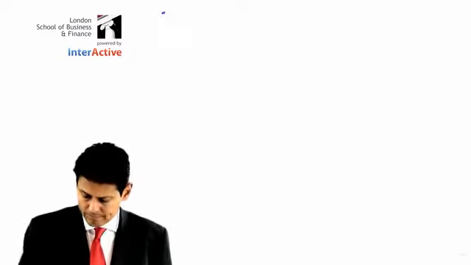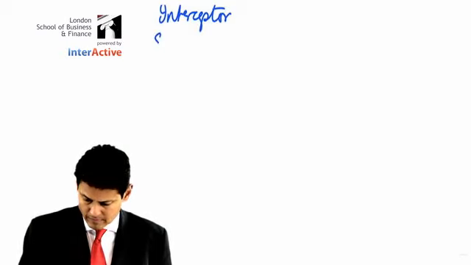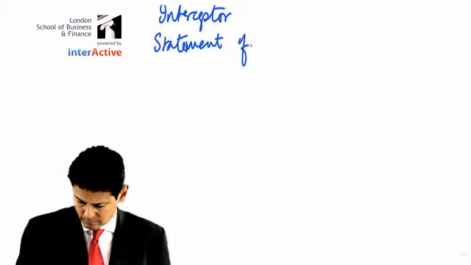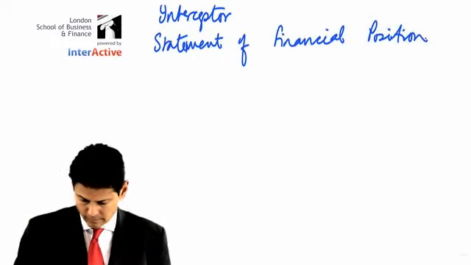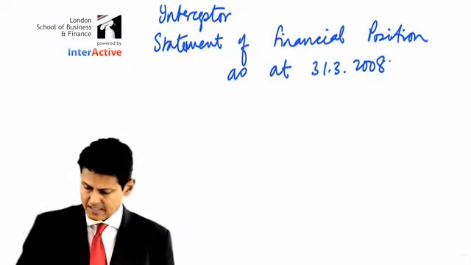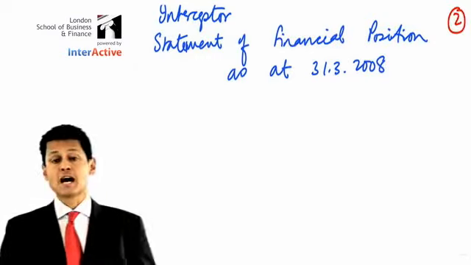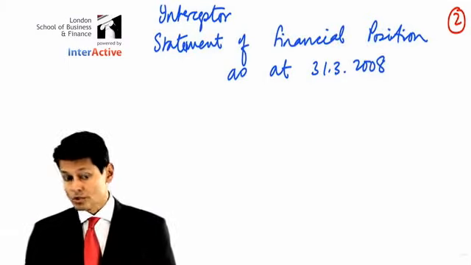So let's head it up: Interceptor, statement of financial position as at 31st March 2008. So that's my second page. Keep a whole page aside. If you feel you've got big handwriting, give yourself even more space.